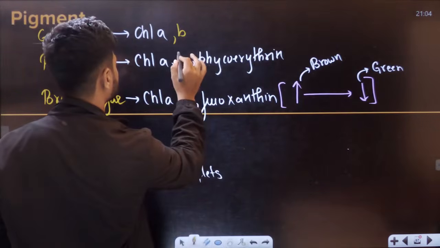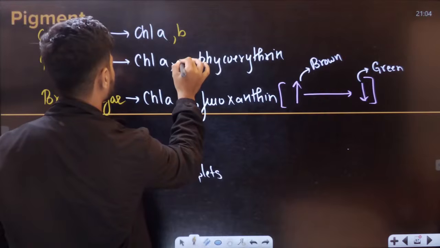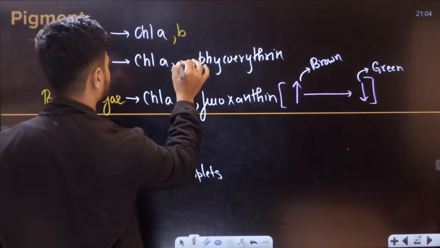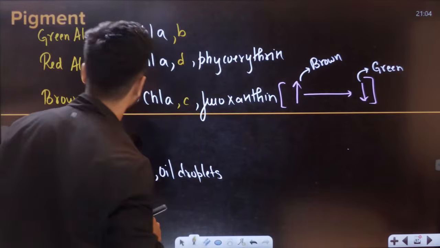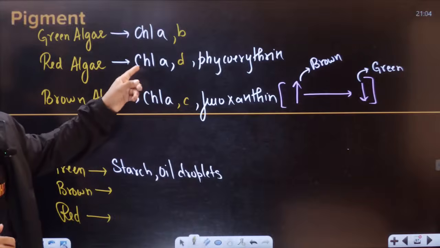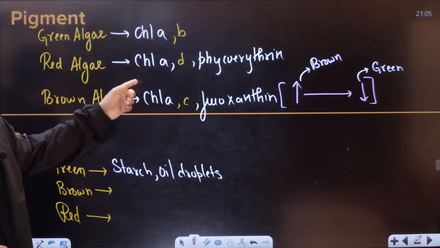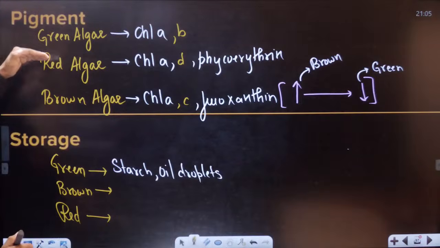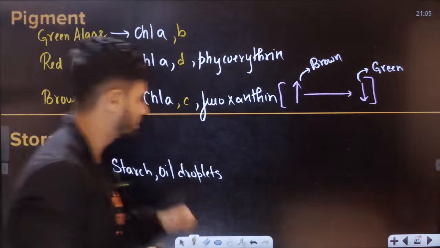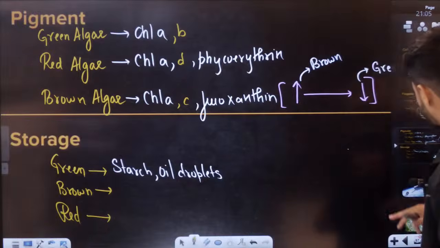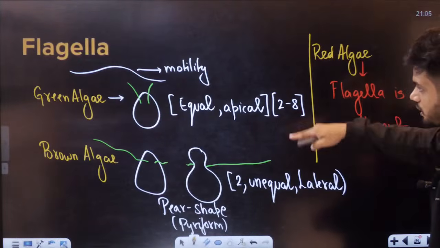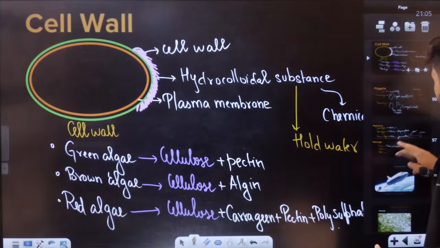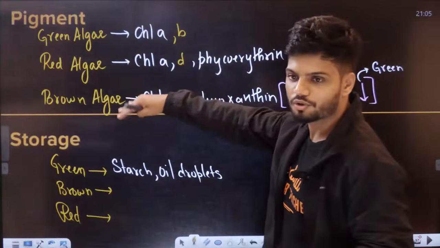Just change this, because usually I write green, brown, red everywhere. Here I made the mistake. Just check once again. Green, brown, red. This was jumbled here, so I was teaching you that.